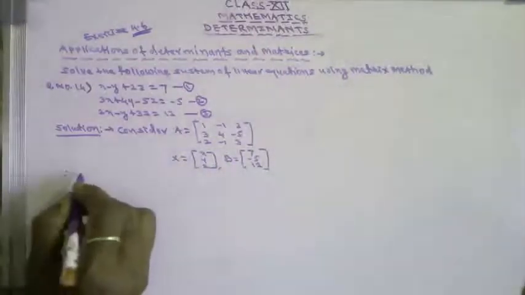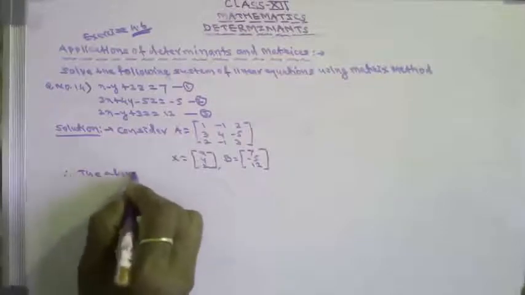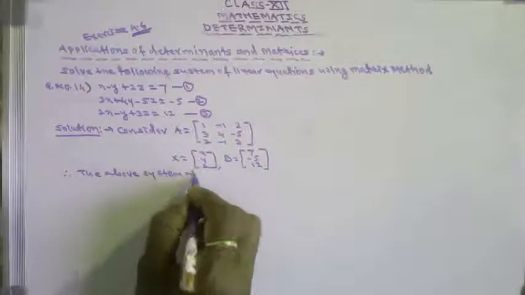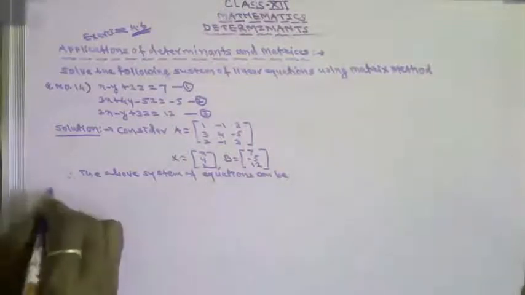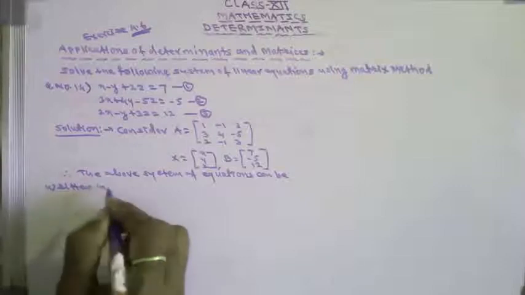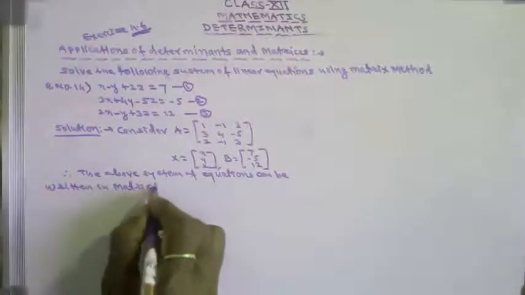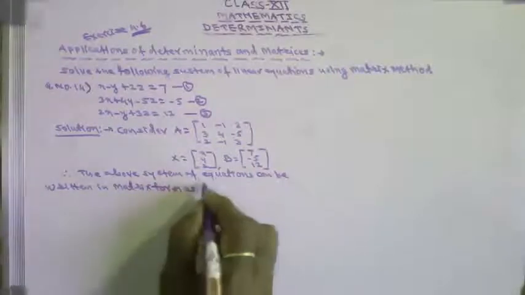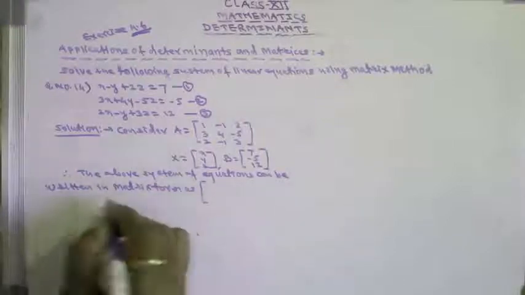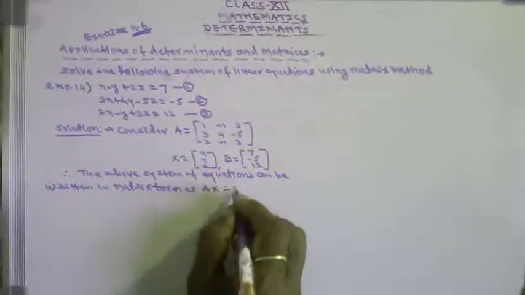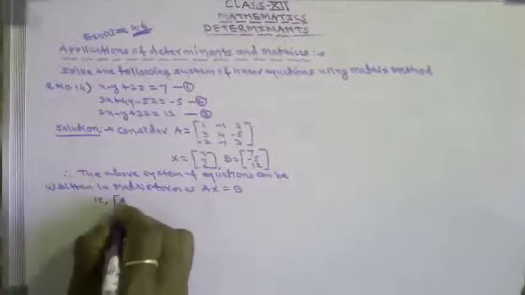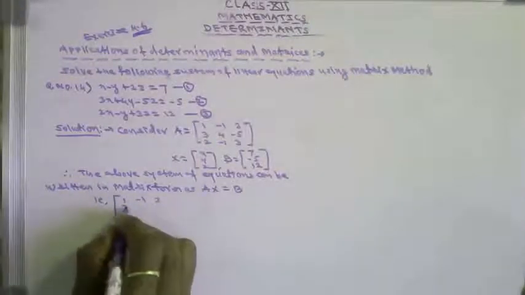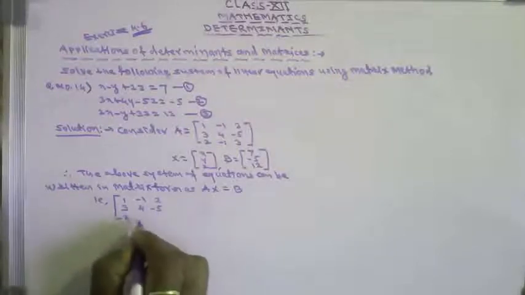Therefore the above system of equations can be written in matrix form as A into X equals B. That is, A is 1 minus 1 2, 3 4 minus 5, 2 minus 1 and 3.